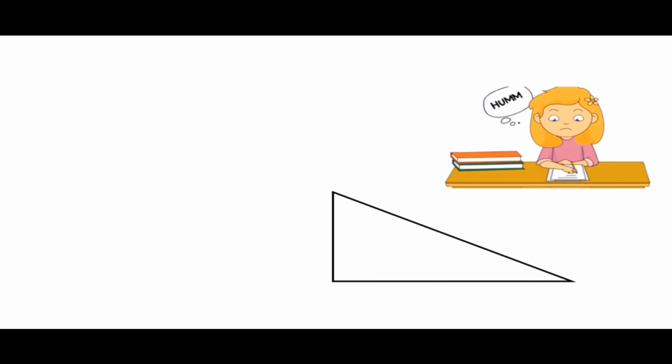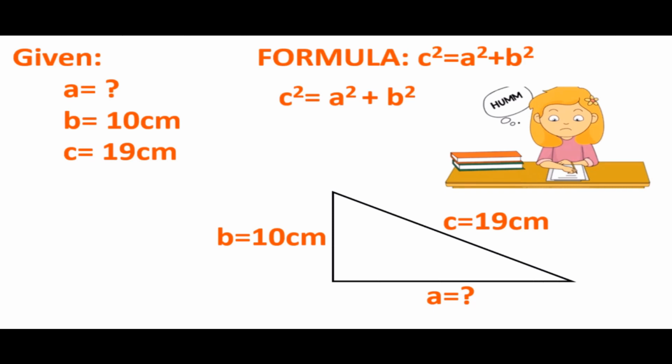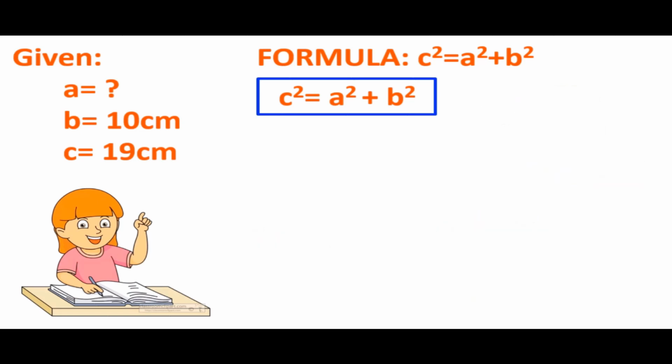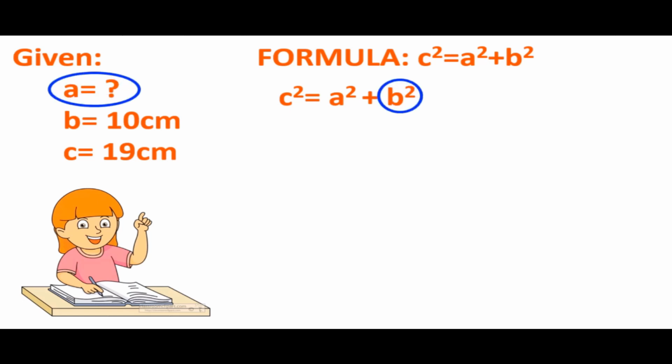Wow, that's awesome. But what if the value of the hypotenuse is not the one missing? Let's say this is your C, 19, and your leg B is 10. How will we find the value of leg A? In that situation, we shall derive the formula from C squared equals A squared plus B squared. To find the value of A, we must subtract B squared from both sides of the equation.